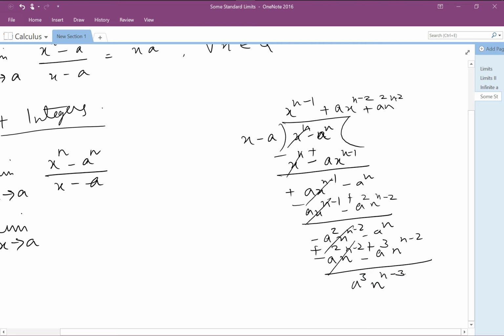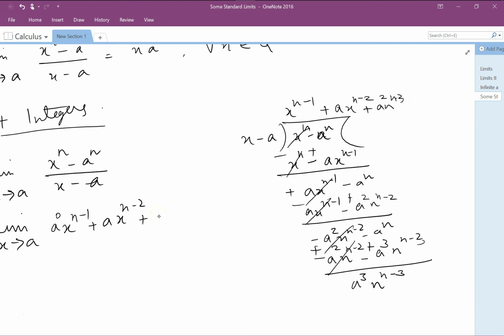So with this itself you can see a pattern emerging. You will end up with x to the power of n minus 1, with a to the power of 0, plus a x to the power of n minus 2, plus a squared x to the power of n minus 3, and so on.